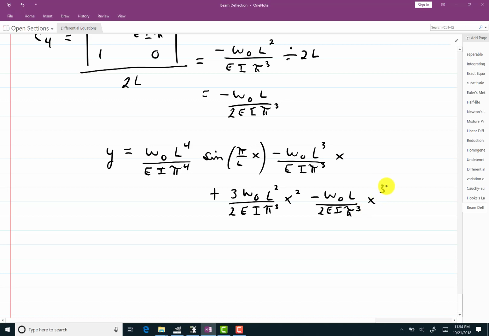As before, we'll factor a bunch of stuff out front to make it seem less complicated than it actually is.